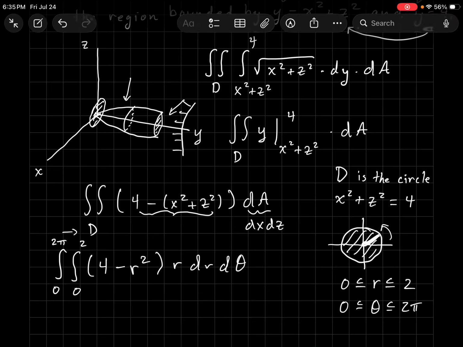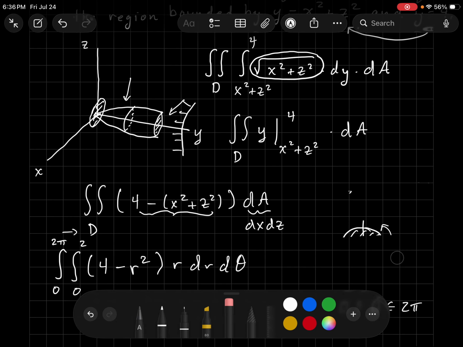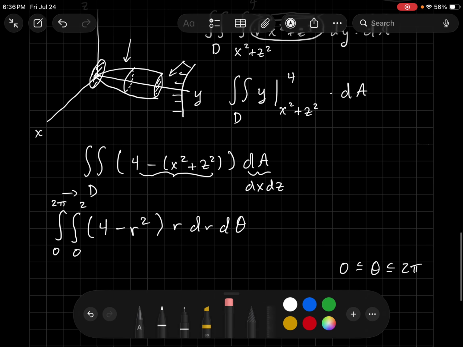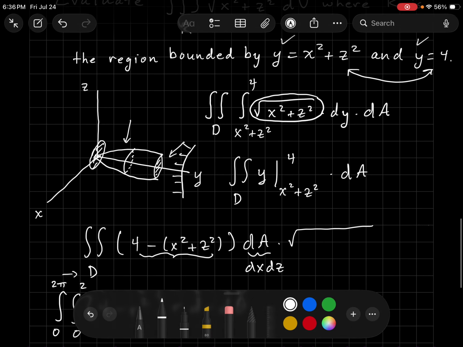Now, we're still missing something, right? Because from up top, we have the square root of x squared plus z squared. I'll make a little space so we can see it. Which should have been in my integrand.